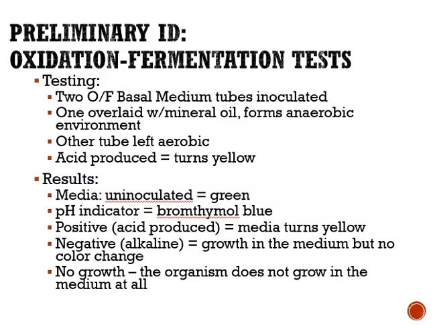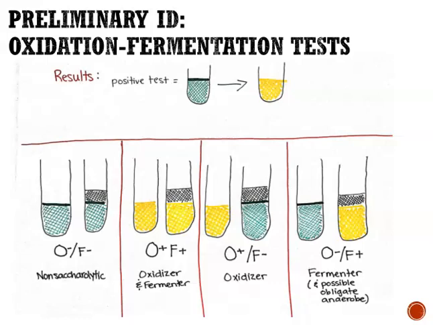So for the testing that's performed, you've got 2 oxidation fermentation medium tubes that get inoculated. The fermentation tube, and let me take you to a picture here so maybe this will make more sense as I'm talking about it. The fermentation tube is overlaid with mineral oil. I think they also use paraffin sometimes to produce that anaerobic environment.